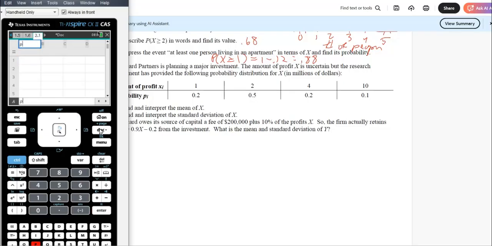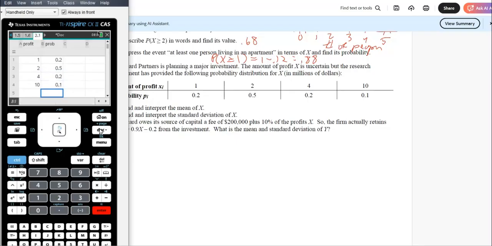So I want profit and probability. I don't like calling it probabilities so that I don't have to change it by putting a new problem in there. So 1, 2, 4, 10, 0.2, 0.5, 0.2, 0.1.